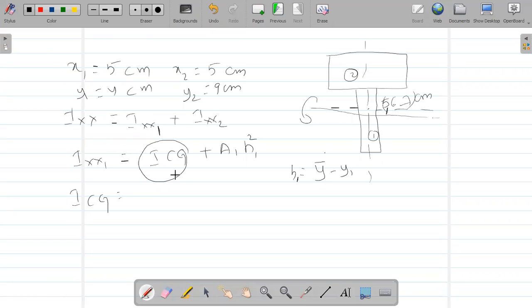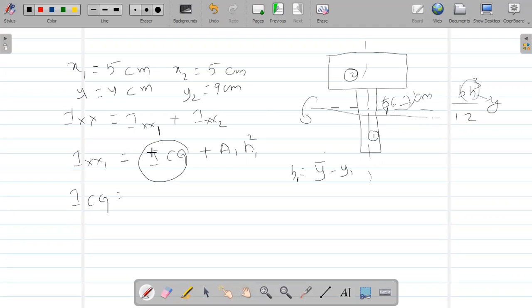What is ICG? For a rectangular section, we have the formula bh cube by 12. When you are doing it about the x-axis, h should be considered as the y coordinate.